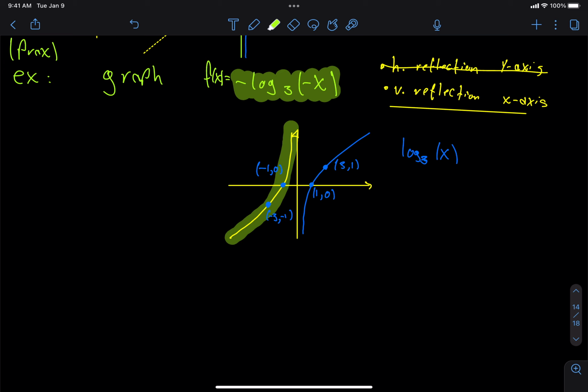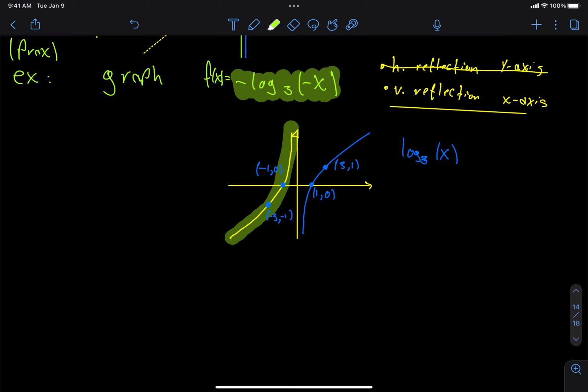Since we're doing both, we change the sign of both coordinates. So instead of 3, 1, we have negative 3, negative 1. Instead of 1, 0, we have negative 1, 0. Why didn't 0 change? Because negative 0 is the same as positive 0, right? It doesn't have a sign. Does that make sense? So 2 reflections just means we change the signs of each coordinate.